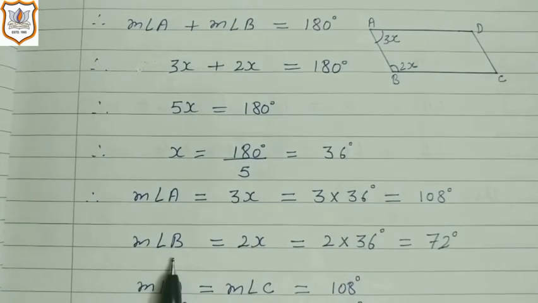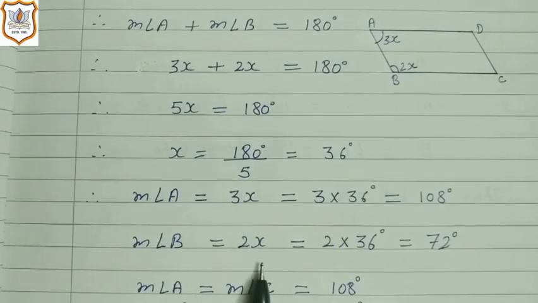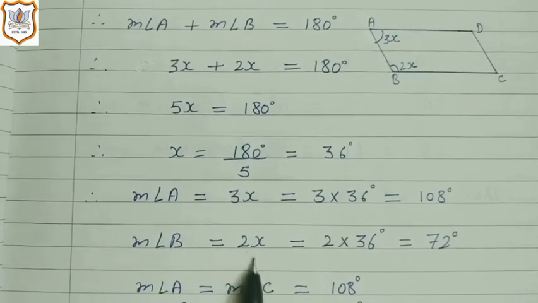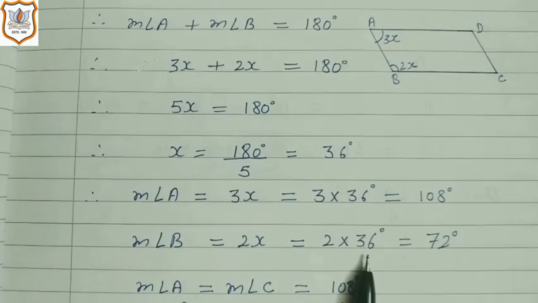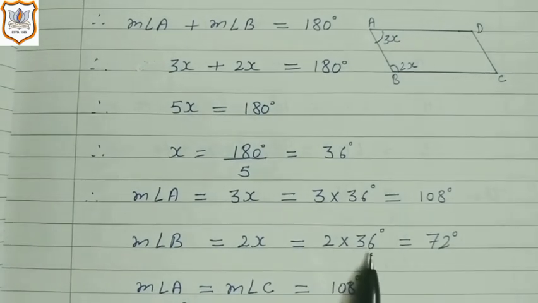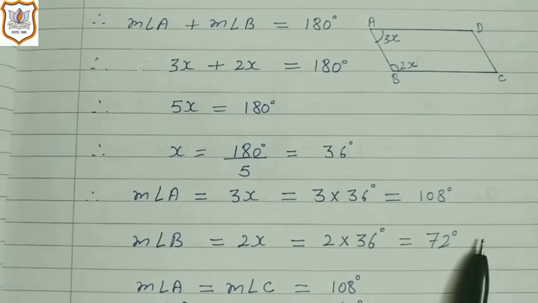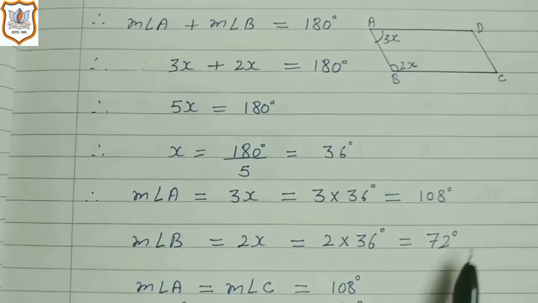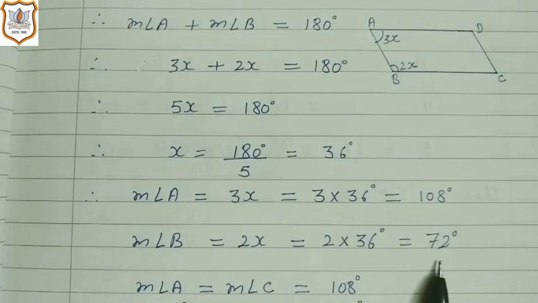Same, measure angle B is equal to 2x. We put the value of x as 36. So we write 2 multiplied by 36 degree is equal to 72 degree. So we get the value of B is 72 degree.